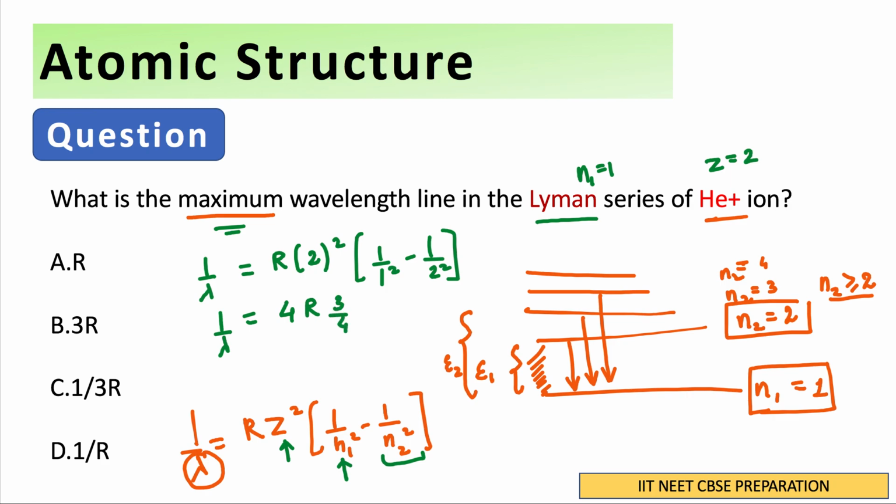So the 4 and 4 get cancelled and we get 1 by lambda is equal to 3R. So lambda becomes 1 by 3R. This will be the maximum value of wavelength. So our answer becomes 1 by 3R.